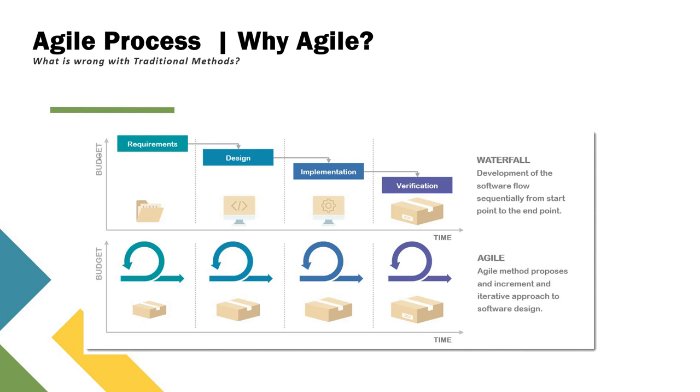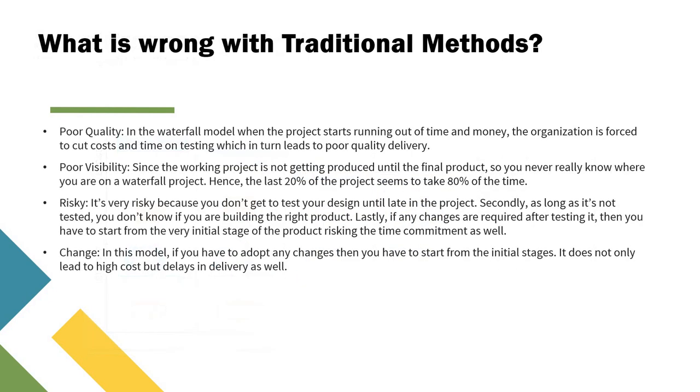So here we can see that waterfall is the development of software that flows sequentially in different phases from start point to end point. In agile, the method proposes an incremental and iterative approach to the software design.